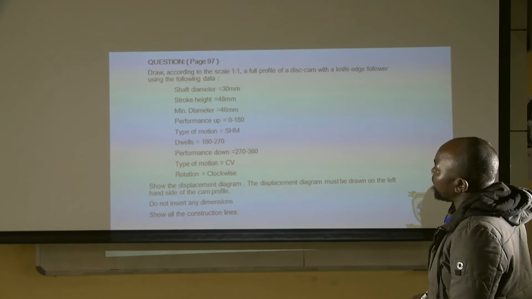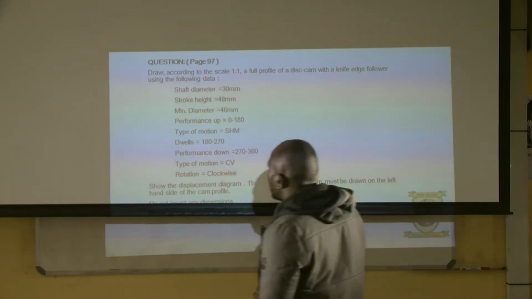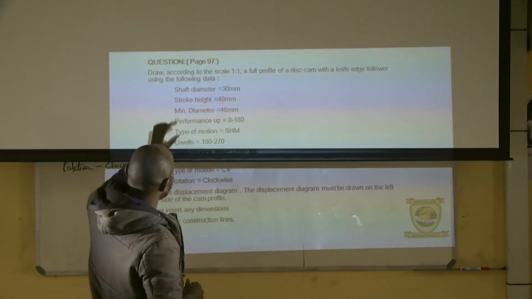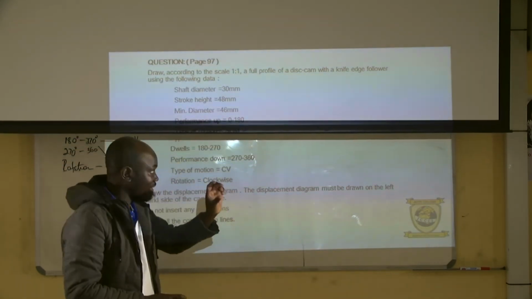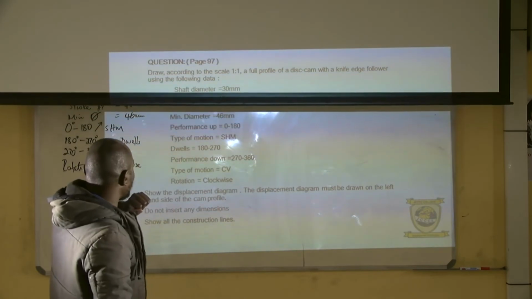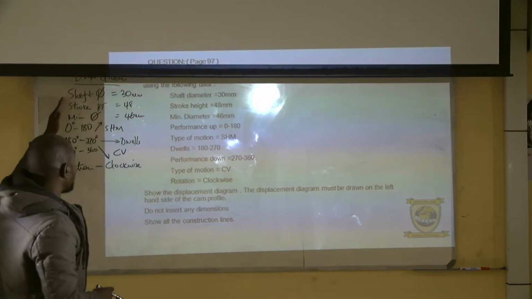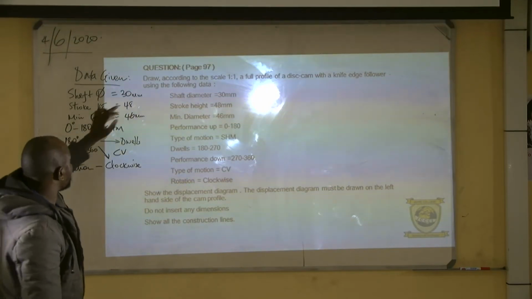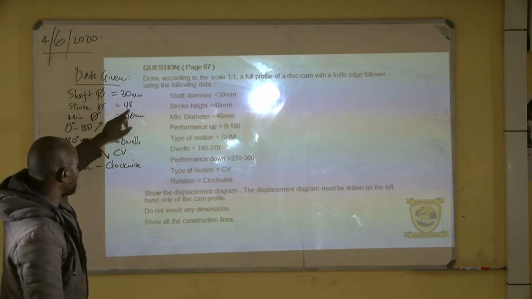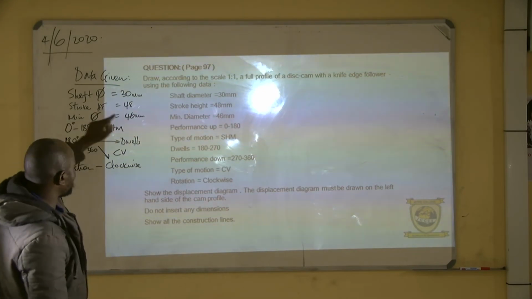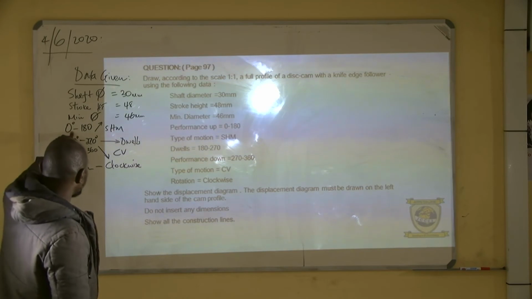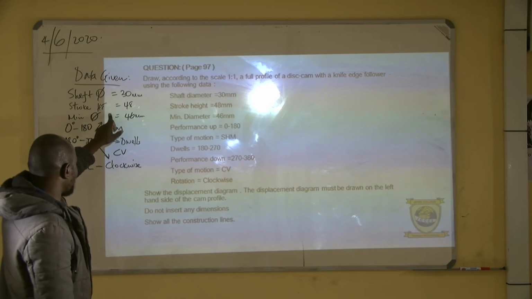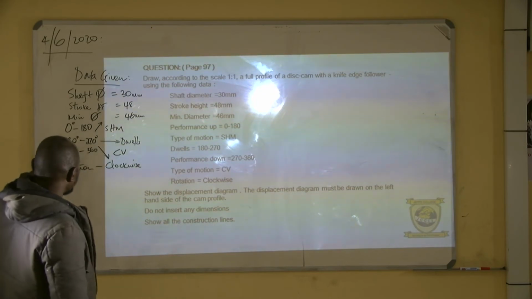So, looking at the shaft diameter, that is the diameter of the shaft from where the cam was cut. And here is our data. We have our diameter 30, stroke height 48, minimum diameter 46, from 0 to 180 degrees performance upwards, simple harmonic motion.